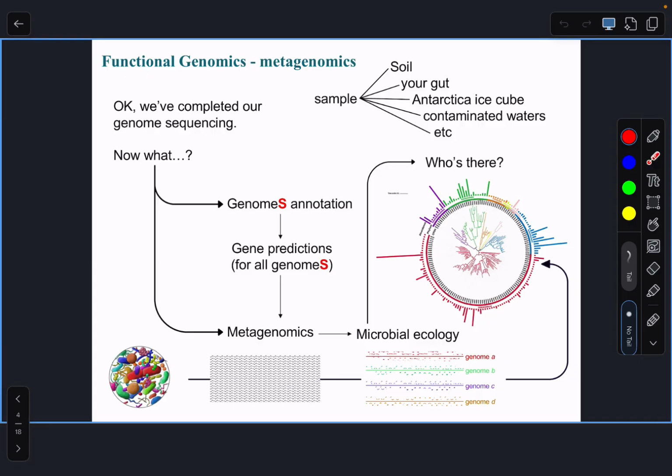And one of the first questions that we can ask is simply, who is there? And what I mean by that is when you take these environmental samples, you can be pretty confident that you will find many of the organisms, bacterial organisms and viruses, that are known already, right? And you will be able to map some of the genomes that your sequencing project generated to a specific species.